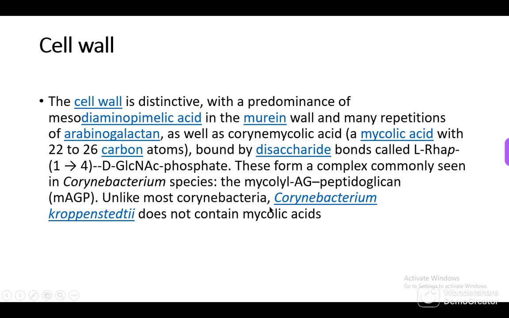Unlike most corynebacteria, Corynebacterium amycolatum does not contain mycolic acids. These bacteria are important in animal species, but the only one we are looking at for its importance to humans is Corynebacterium diphtheriae.